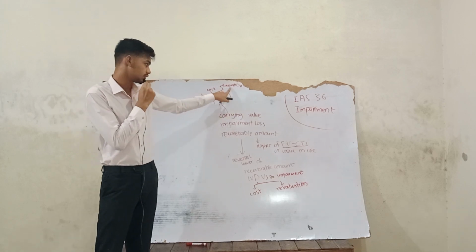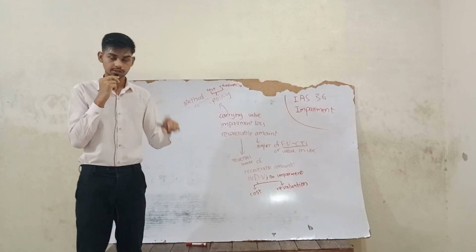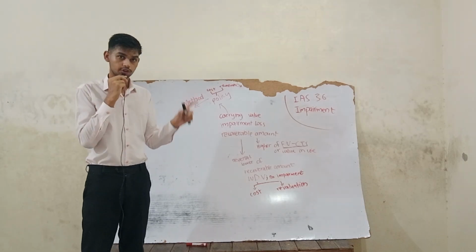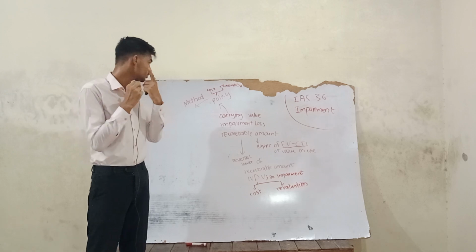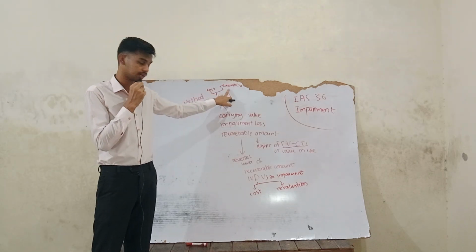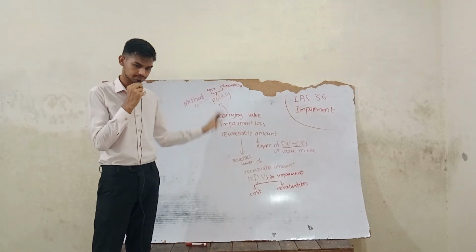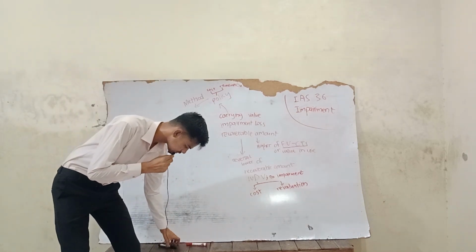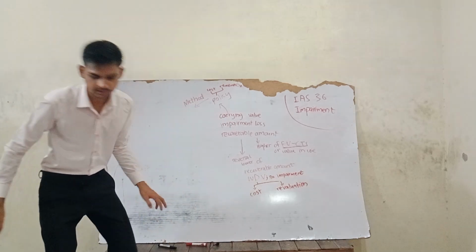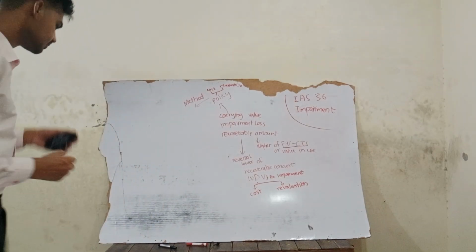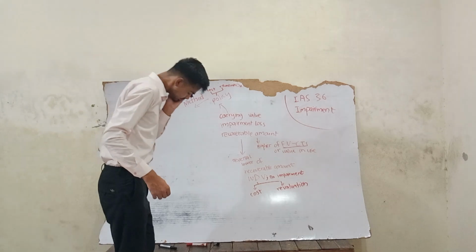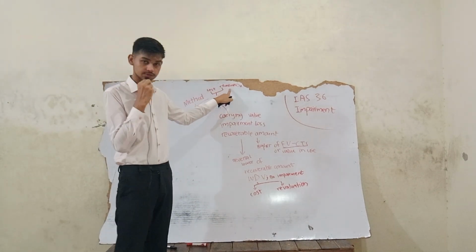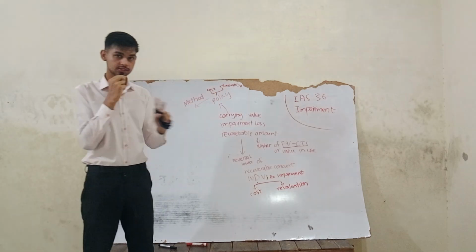And if the company is using the revaluation model, then we will make the revaluation format, and mostly we will use the straight line method. We find carrying value mostly by the straight line method.